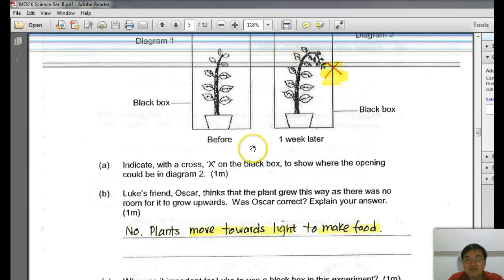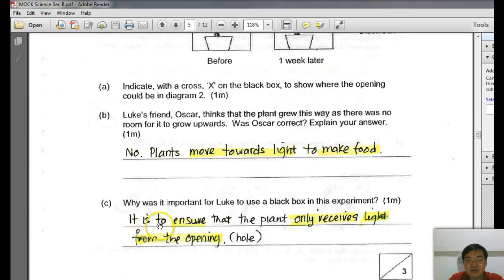A dark box will block all the light from coming in, and when you open up the hole here, it will create an opening, a direction as to where you expect the plant to grow towards. So over here it says it is to ensure that the plant only receives light from the opening. That is why, just to prove that it moves towards that direction.